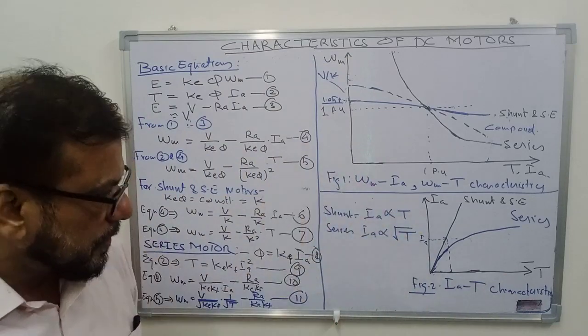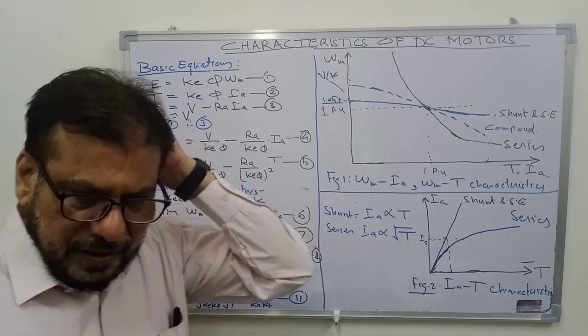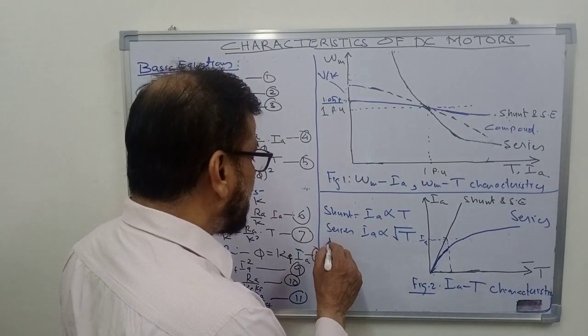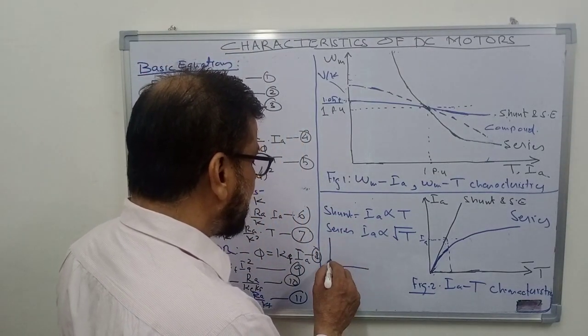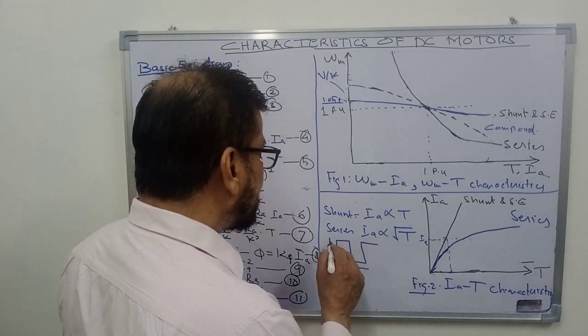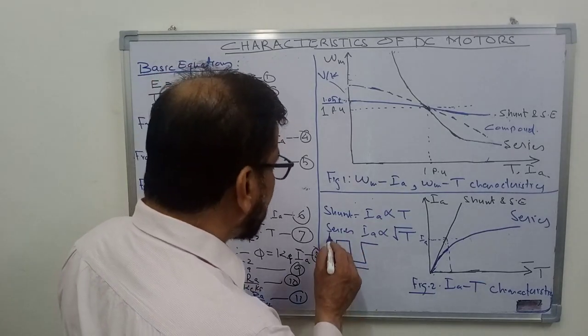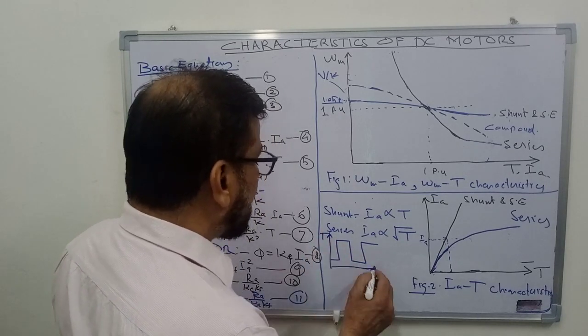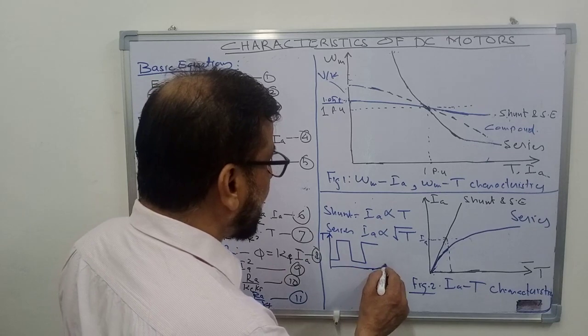And one more thing that you can see, sometimes the load is of fluctuating nature. For example, you may have a load like this. And if this is the load, the torque, and this is the time.